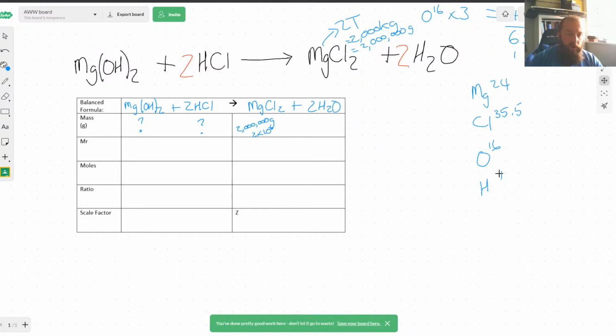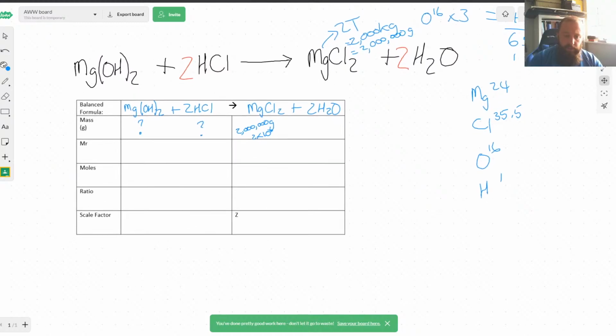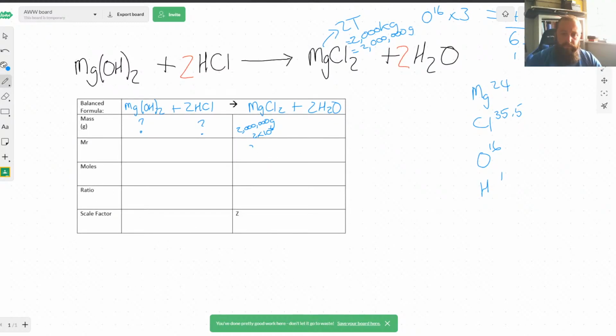So the mass of this one is 95. The mass of this one is 36.5. Water is 18. And this one is 58.